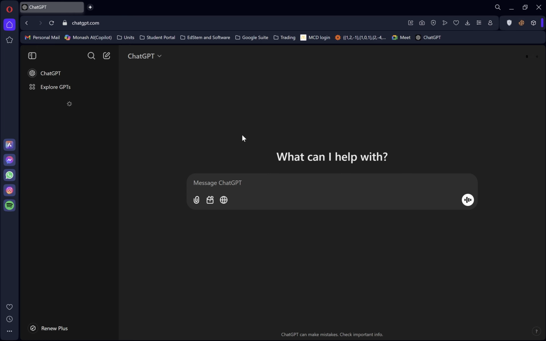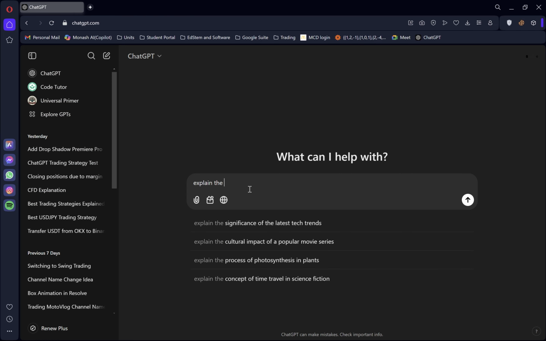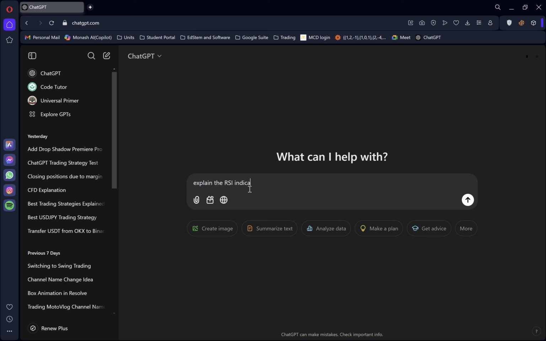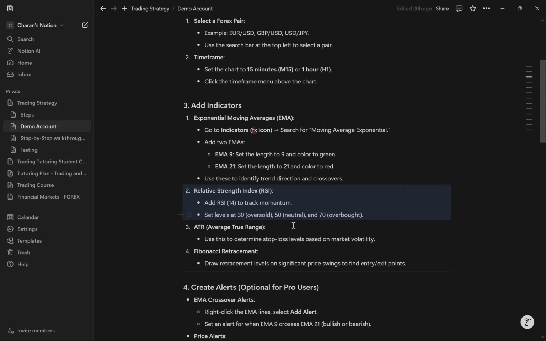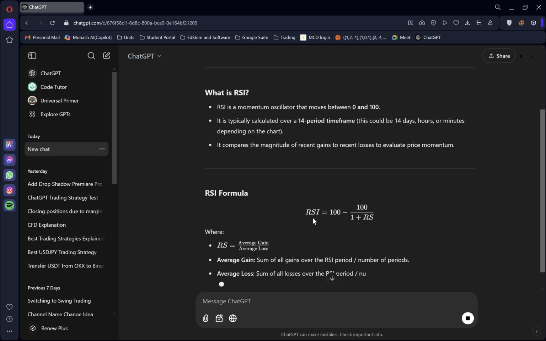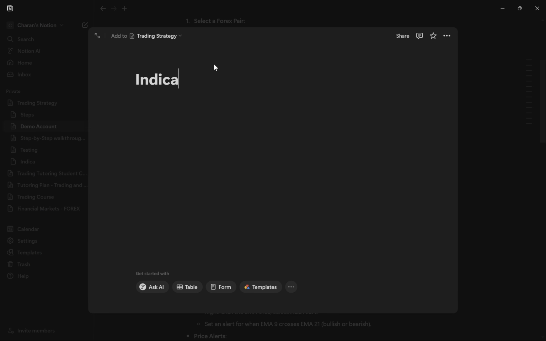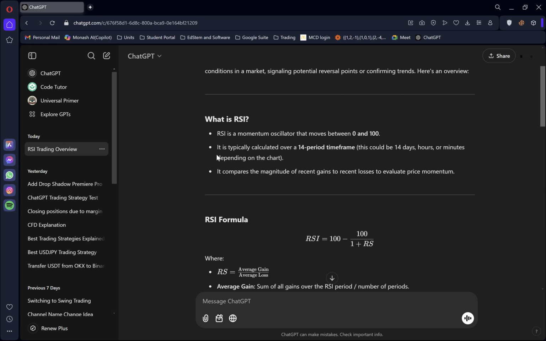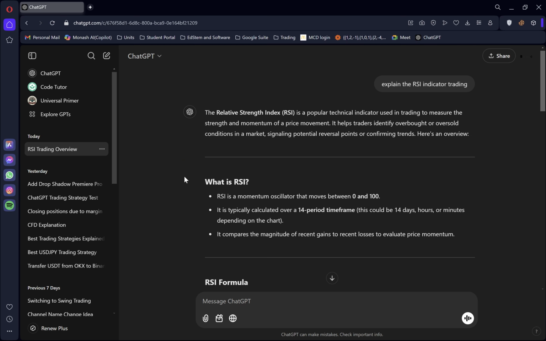All right, explain the RSI indicator in trading. What I want to do is create another page called indicators, RSI.